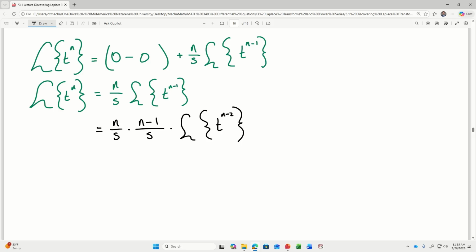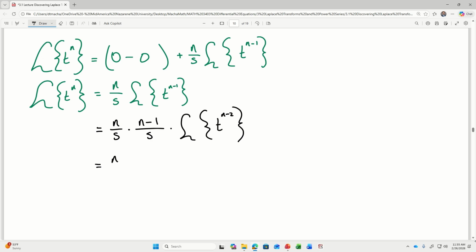Right, there's nothing special about the number n, so we could do the same thing with the number n minus 1. And there's nothing special about the number n minus 2. So we can do it again and again and again.